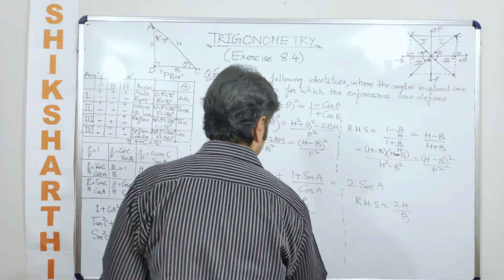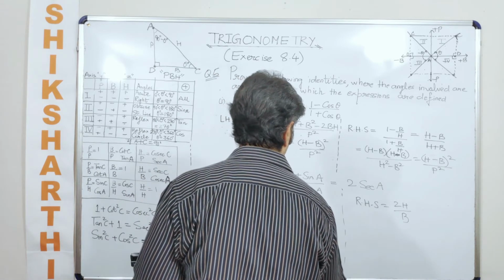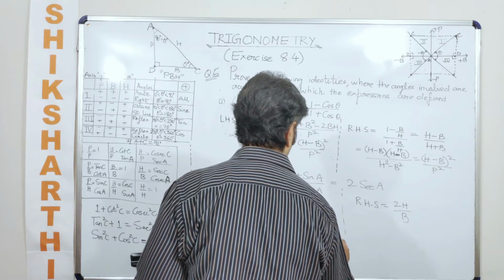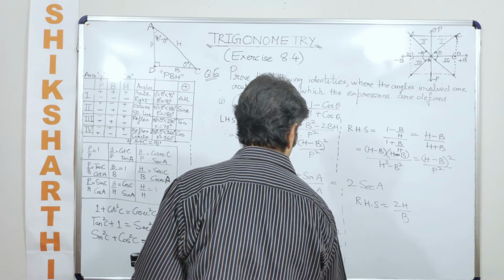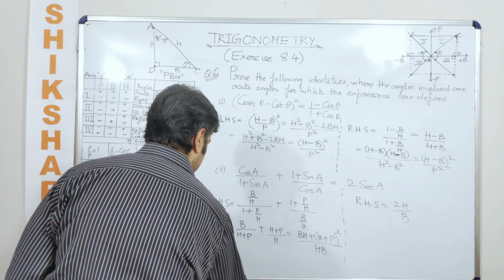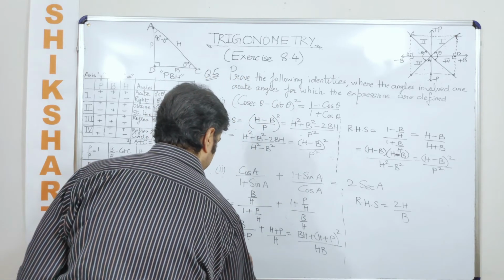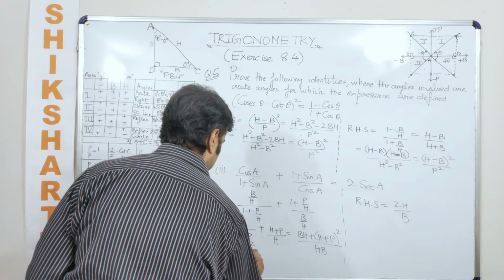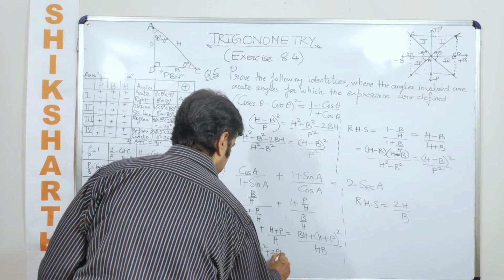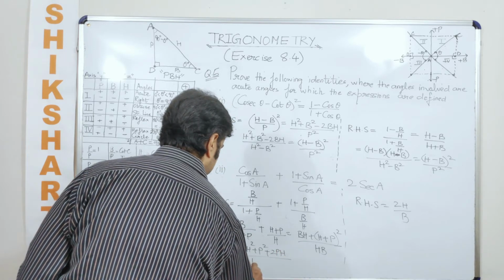Now once I take the LCM, can I write it like this is bh plus h plus p whole square upon hb. Going further, can I write it like this is bh plus h square plus p square plus 2ph upon bh.